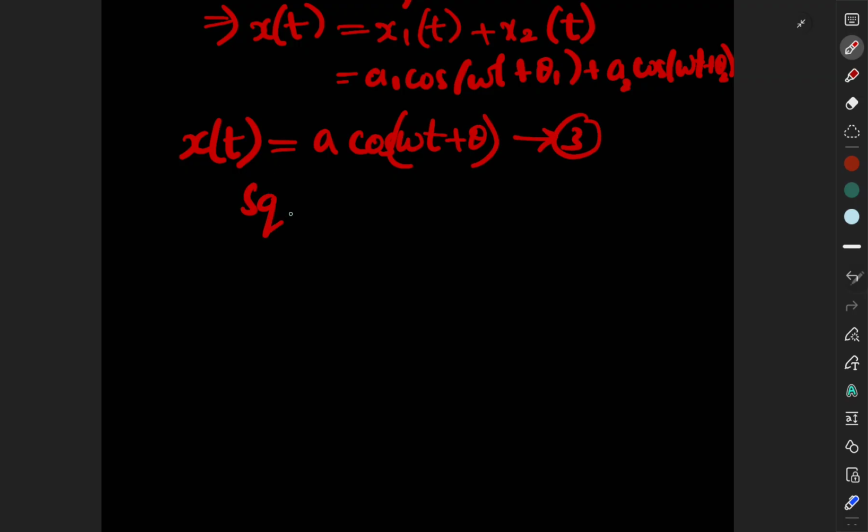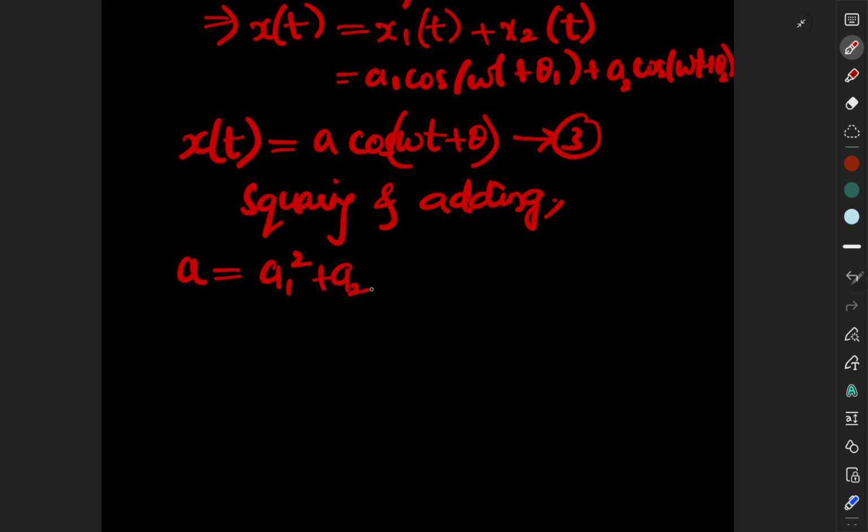Further we have to square this. Squaring it and adding it, we get the resultant amplitude as a is equal to the square root of a1 square plus a2 square plus 2 a1 a2 cos(theta 1 minus theta 2).